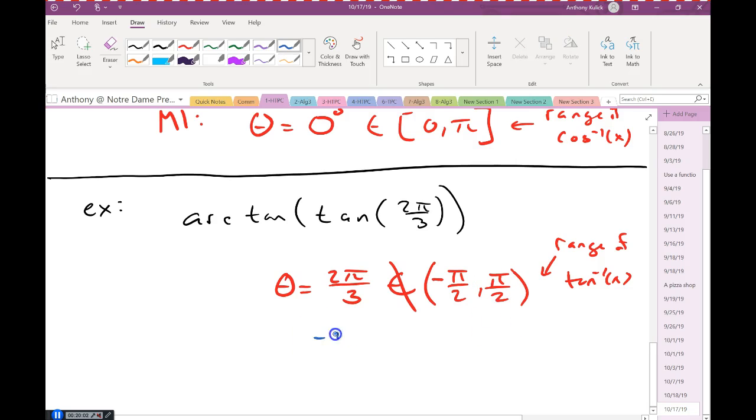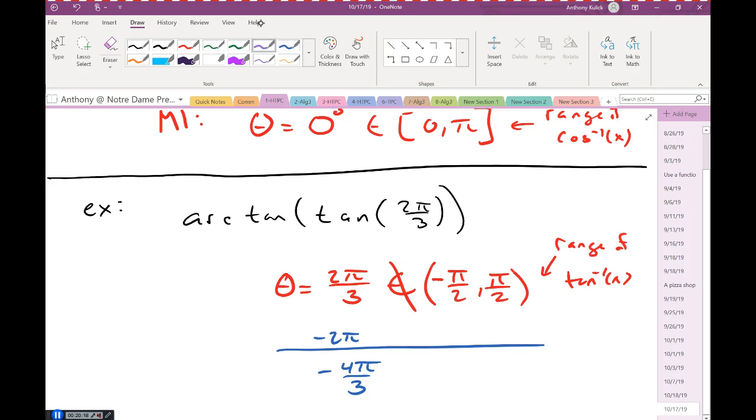If we subtract 2 pi, though, what's going to happen? It's too small. So what should we be doing here? Raul? They do not. Sine inverse and tangent inverse have different ranges.